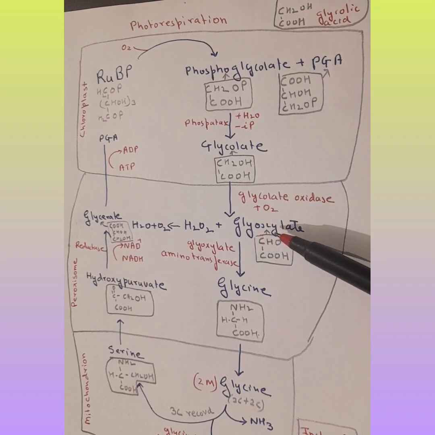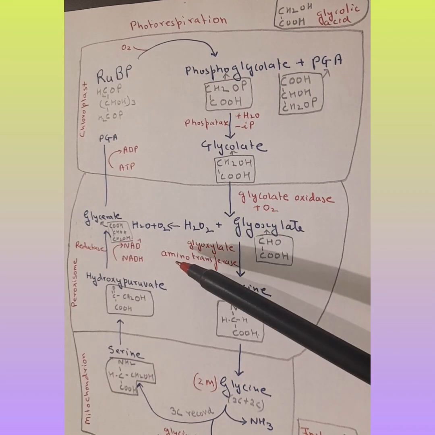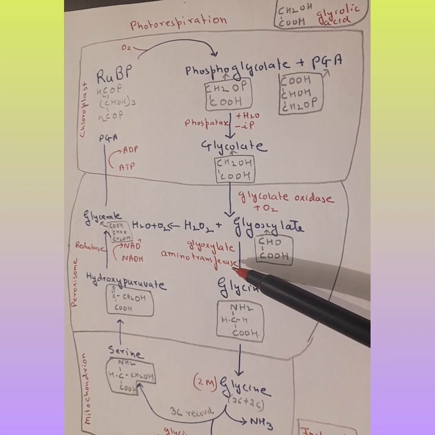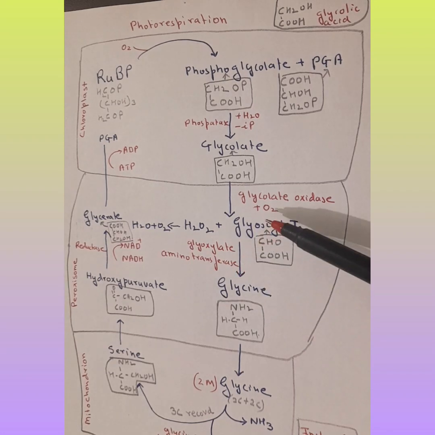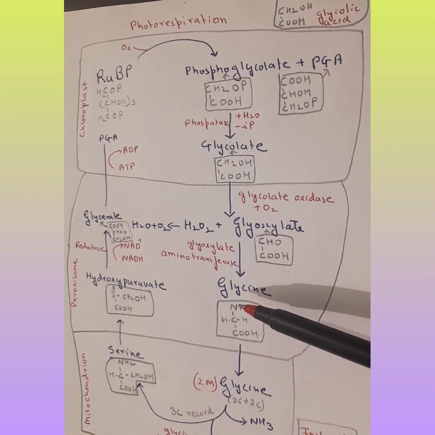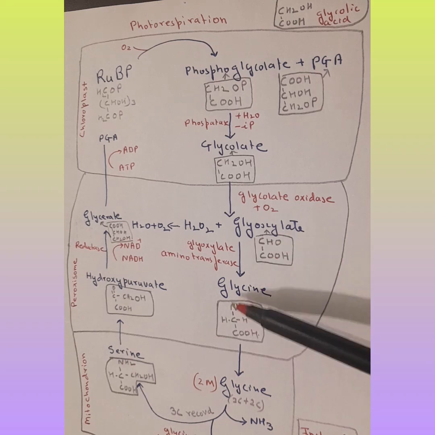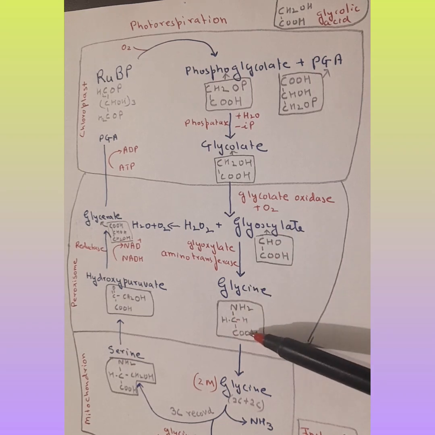Glyoxylate is then acted upon by the glyoxylate aminotransferase enzyme and converted to glycine. Now glycine is an amino acid. Why amino acid? Because it has an amino group and a carboxylic group.